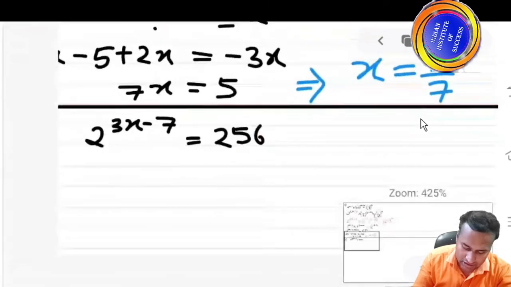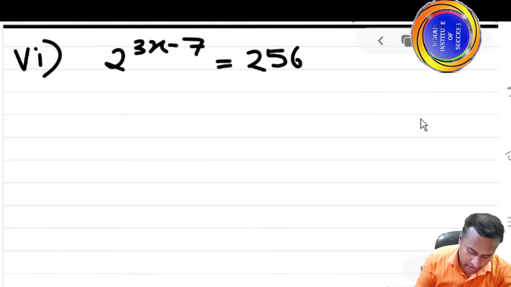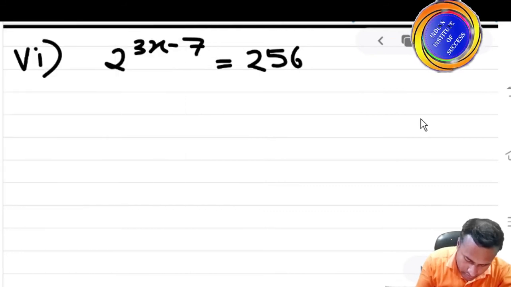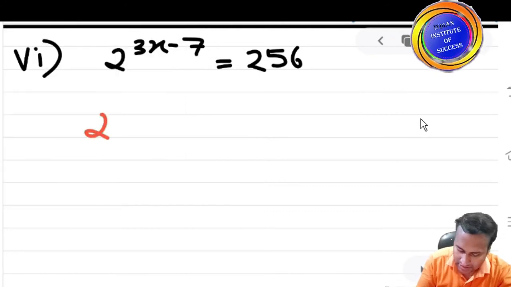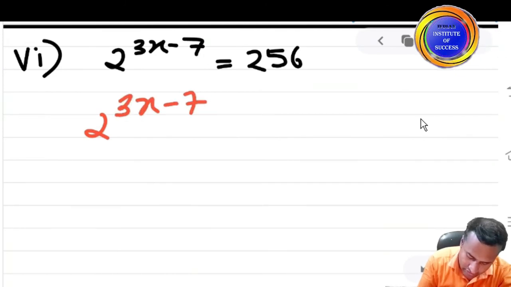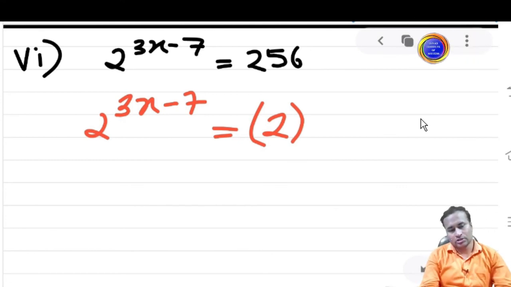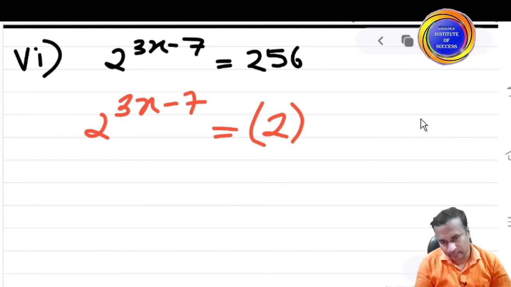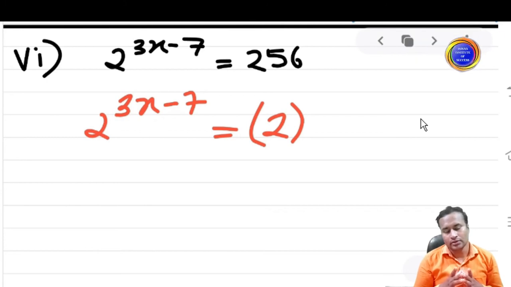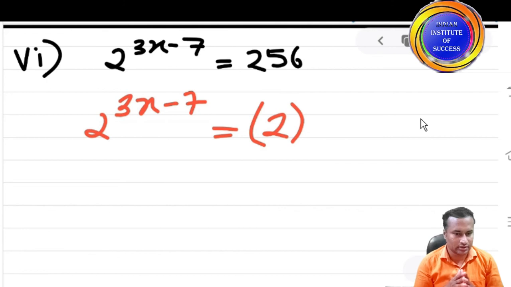We have to focus on the sixth part of this question. Here we have to do 2 raised to power 3x minus 7, same thing is there. We know that 2 raised to power, now here what is 256? 2 raised to power 8 is 256.